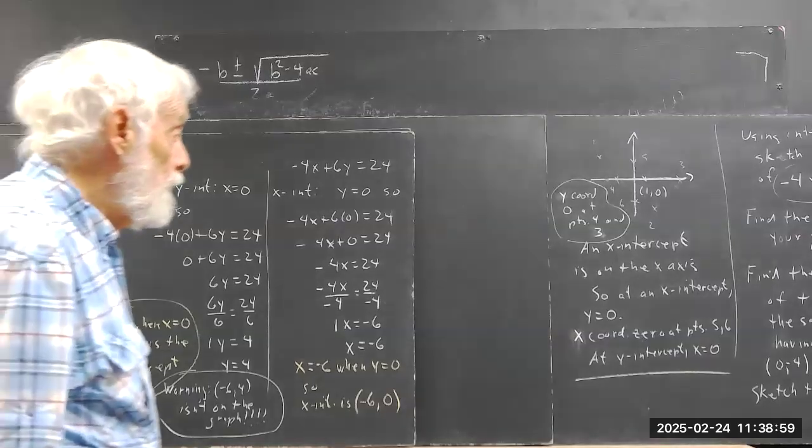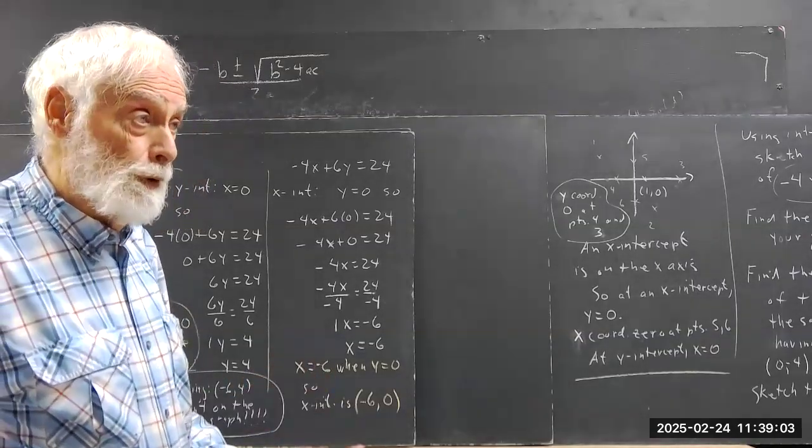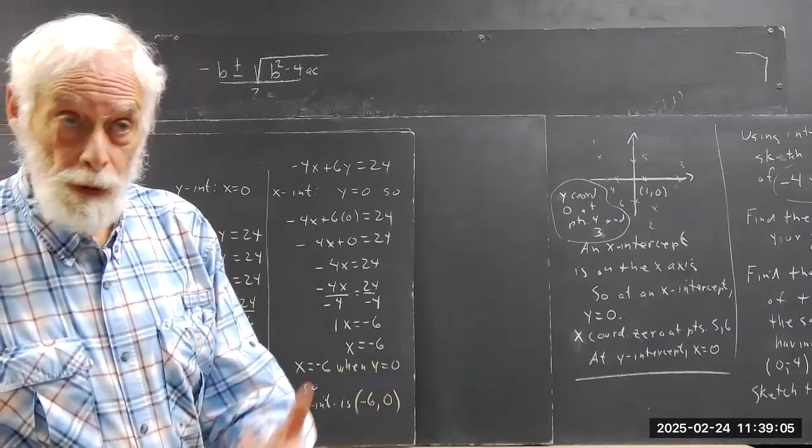Okay. So now we know what the x and the y intercepts are, so we have to put those points on a graph. And that's where we are right now.